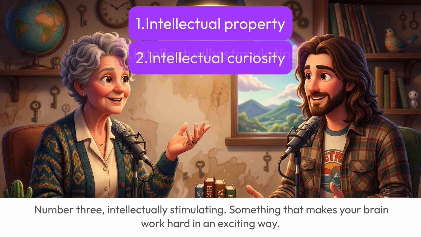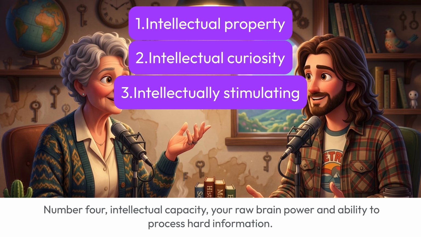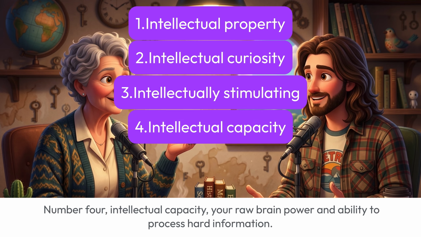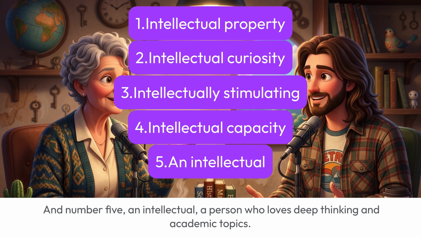Number 3, intellectually stimulating, something that makes your brain work hard in an exciting way. Number 4, intellectual capacity, your raw brain power and ability to process hard information. And number 5, an intellectual, a person who loves deep thinking and academic topics.